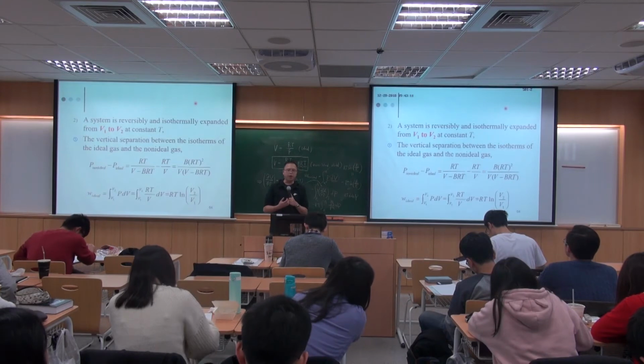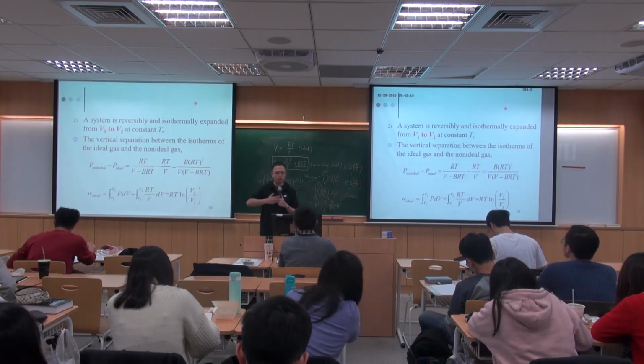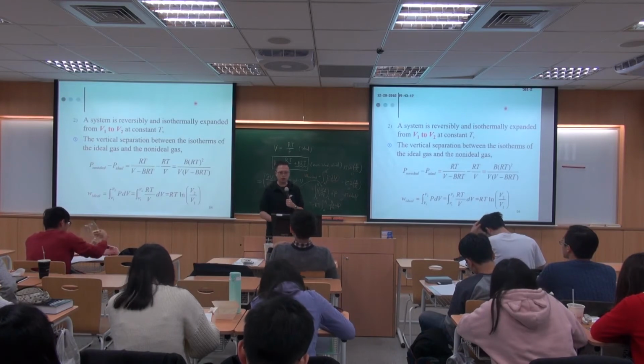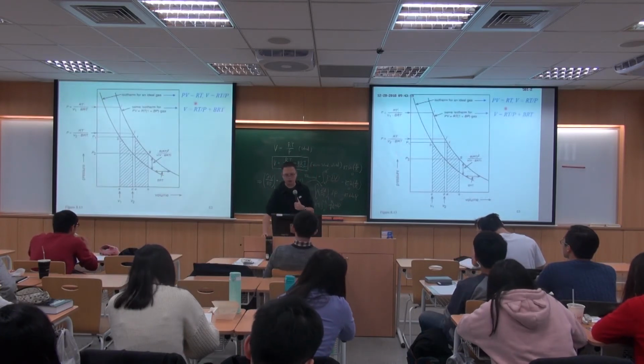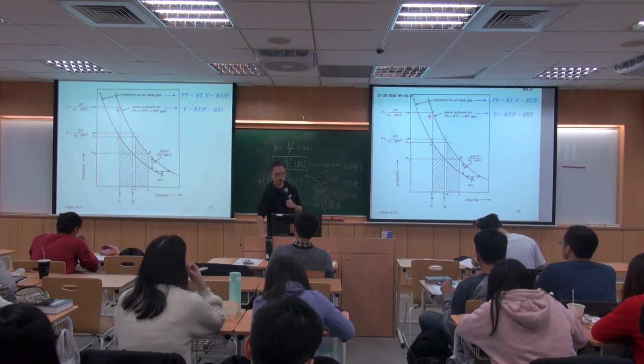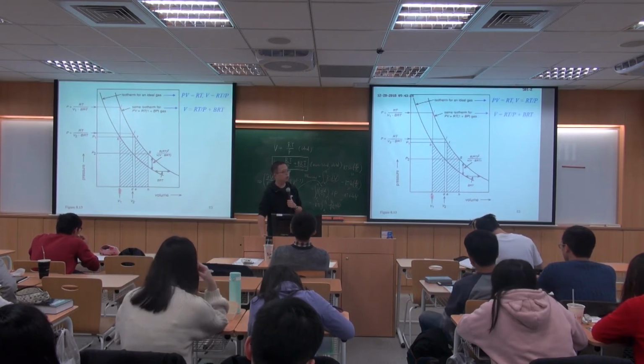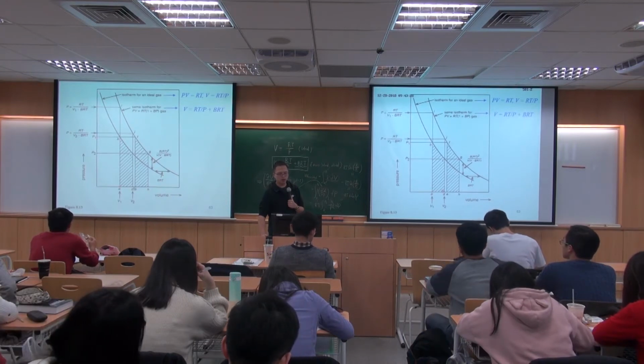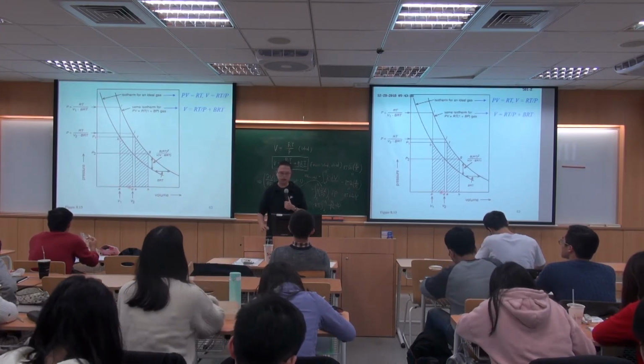And the second scenario is that we perform this kind of expansion from V1 to V2. Okay, so it's a different kind of process because now our constraints, or the limits, are volumes. So we're going to move from V1 to V2 for two gases.